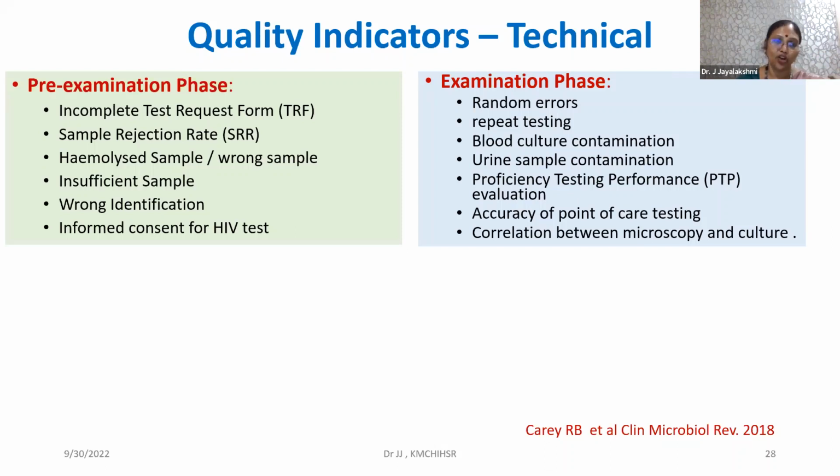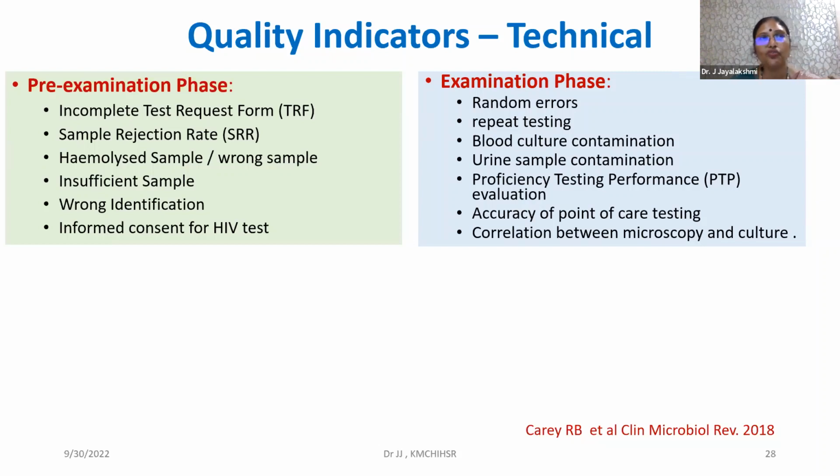The others are wrong sample, insufficient sample, wrong identification, informed consent not available for HIV test. This is all that we discussed in the pre-examination variables. All of them now become your quality indicators: looking for complete test request forms, rejection rates, percentages of hemolysis or error rates, and then insufficient sample or inappropriate sample, wrong tests, wrong samples, etc.